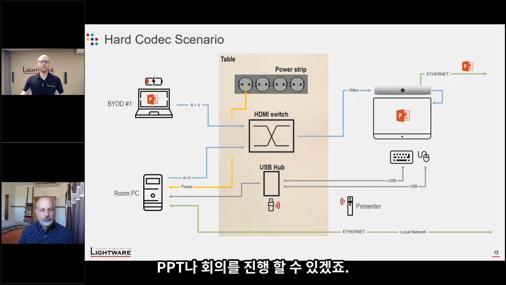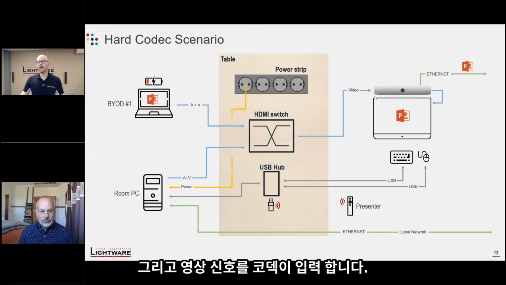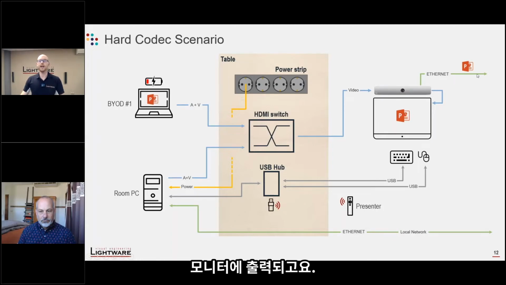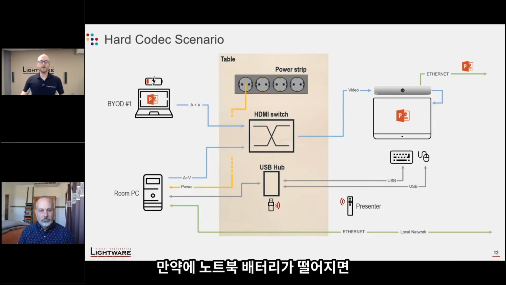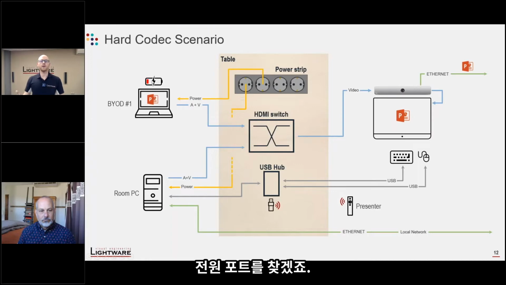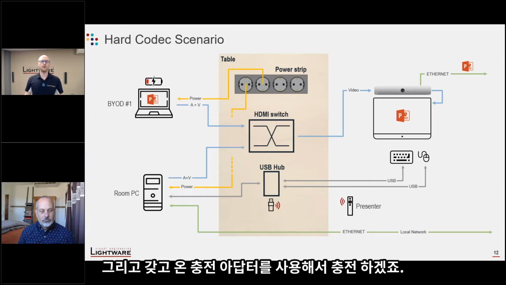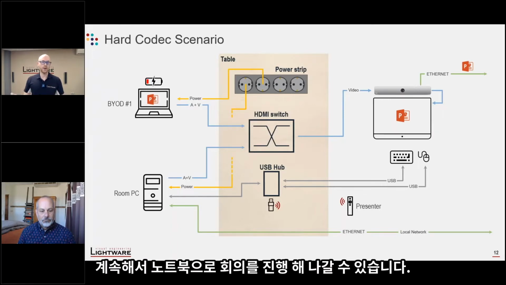So this laptop is doing a PowerPoint presentation, and we send that signal to the codec, which shows it on screen and sends it to the other side of the world, to the other participants of the video conference call. You can see if the laptop is low on battery, then you need to find an outlet and you need to use your own charger for that laptop to charge the battery so as not to run out of power in the middle of the presentation.